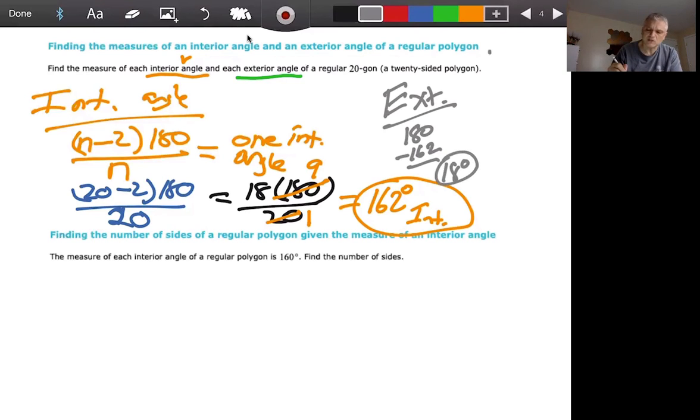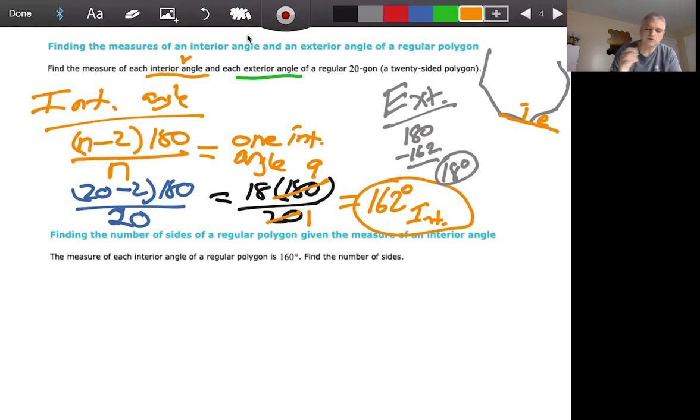Because even if it's got 20 sides, I'm not going to draw all of them, but whatever the side is, if I just extend it, this interior angle and this exterior angle have to add up to 180. All right.